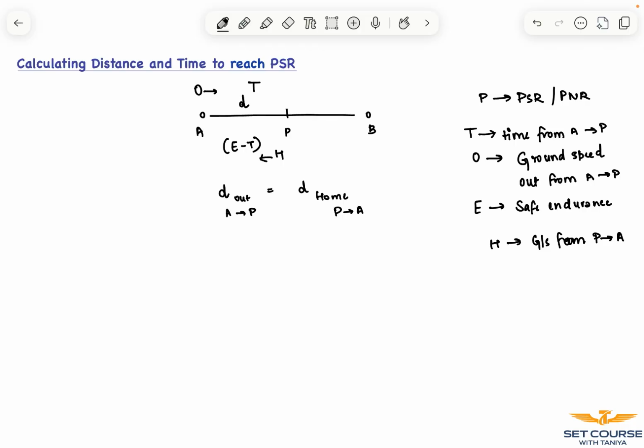By definition, we know that speed equals distance over time, so distance equals speed into time. Now in this case, O into T equals H into (E minus T). Solving this equation, we get time T equals EH over (O plus H).